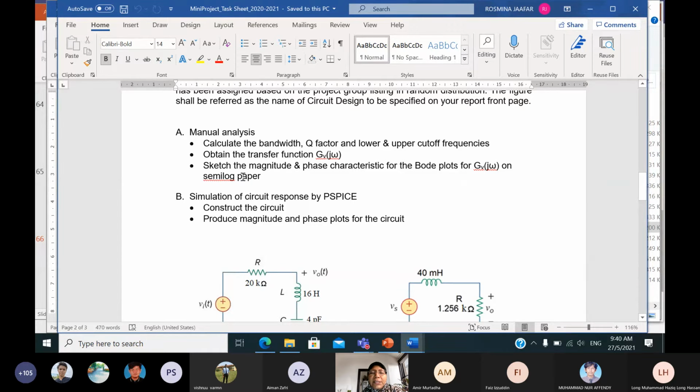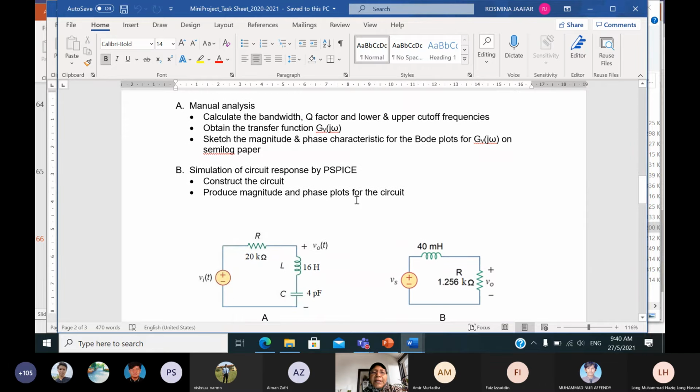So for the manual analysis, you need to show your calculation, and you do your sketching of the magnitude and phase plots to make up the Bode plots. And also you need to show the transfer function of the circuit. So these are all manual analysis.